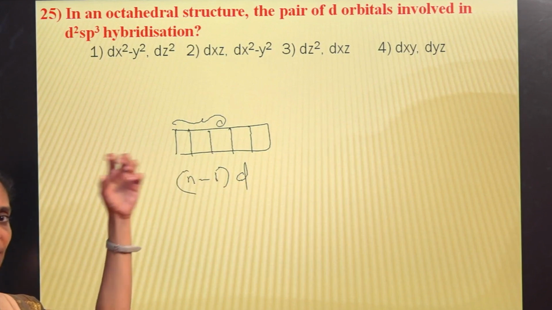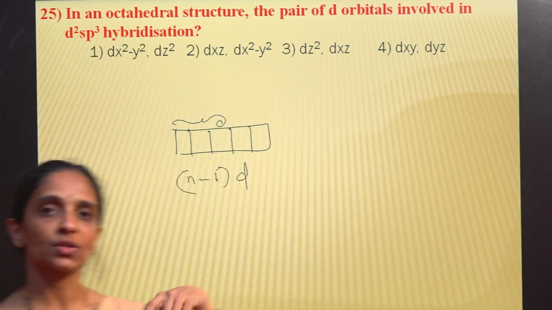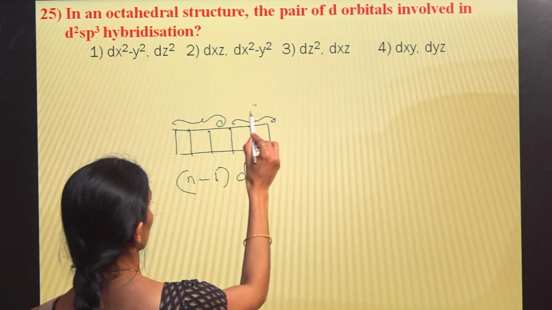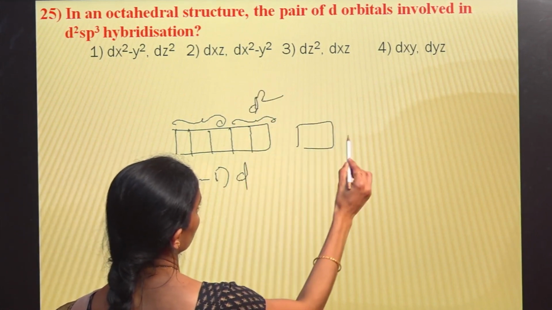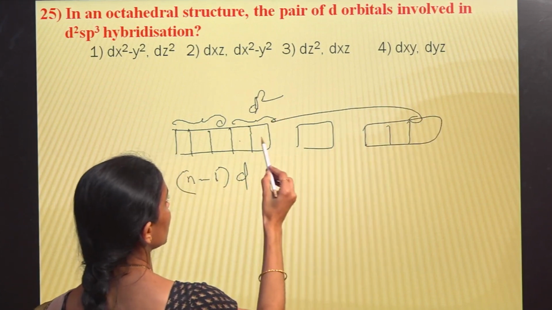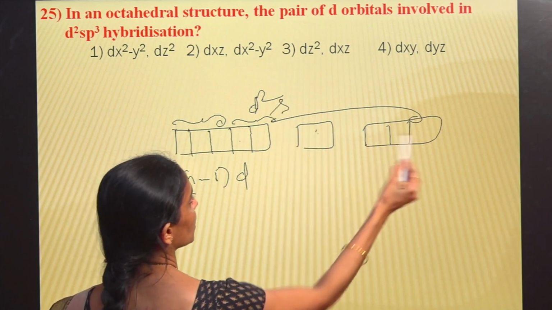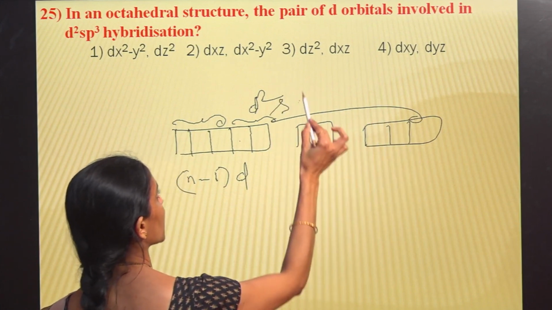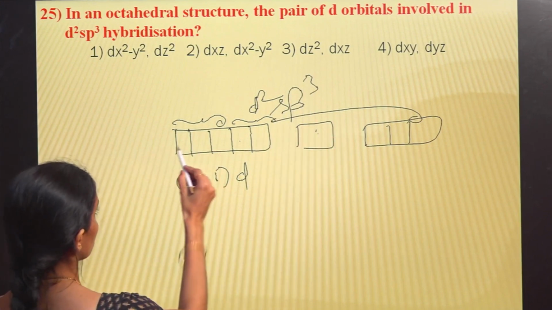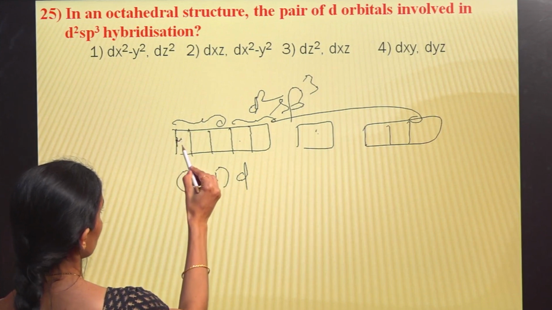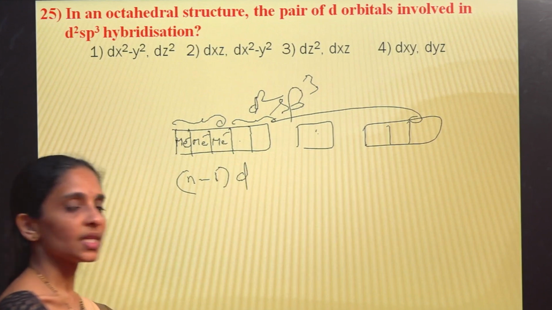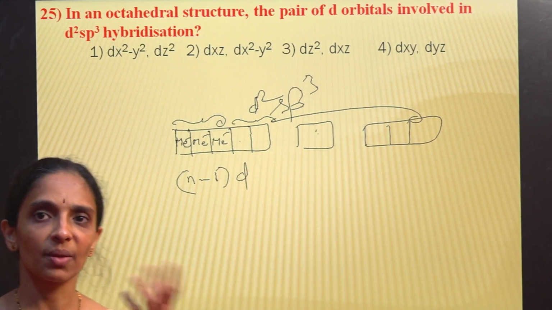Is it not? 3 of them will be having electrons of the metal, and these 2 come in D2sp3. This is D2, this is s, and these 3 p orbitals make it D2sp3. These 3 orbitals have the metal's electrons. They may be all paired or some of them may be single. It all depends.